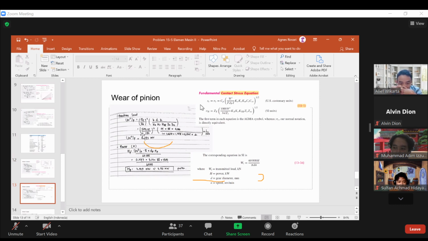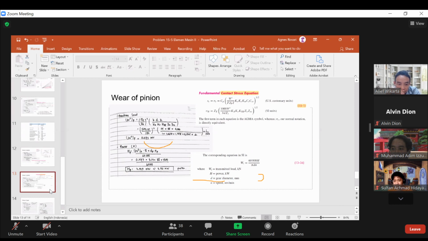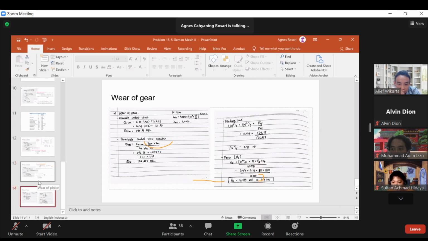The transmission load is 473 kilonewton, and then we can calculate the power from the calculations that we get. For the pinion, we get the power around 3.92 kilowatt. It works the same for the gear, and we got the power around 3.9 kilowatt.